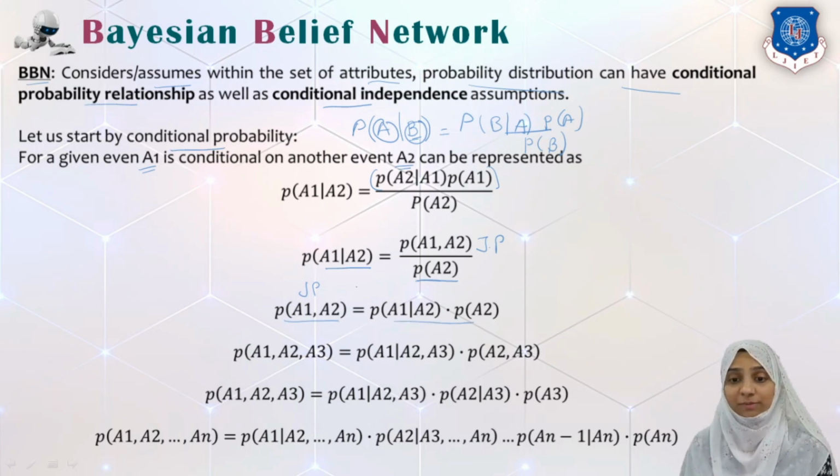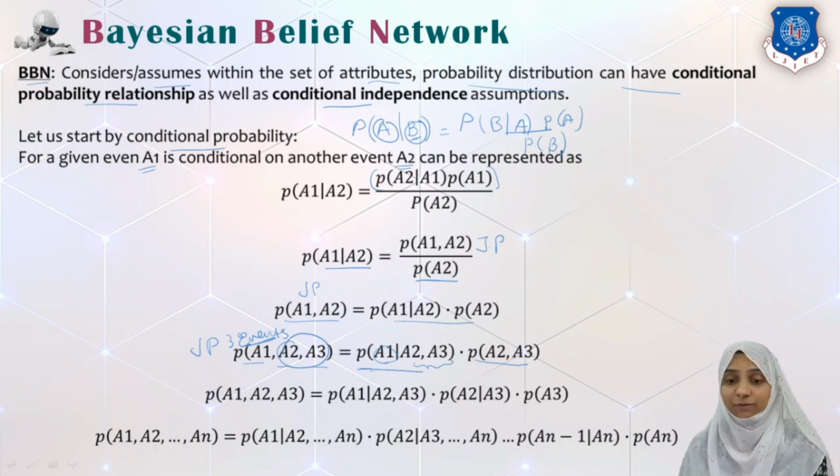Now, if the joint probability of two attributes or two events A1 and A2 is equal to A1 given A2 into the probability of A2, then the joint probability of three events or three attributes, A1, A2, A3, can be written as the probability of A1 given that both A2 and A3 happen, irrespective of their order, into the probability of A2, A3. Now we know that this joint probability can be resubstituted.